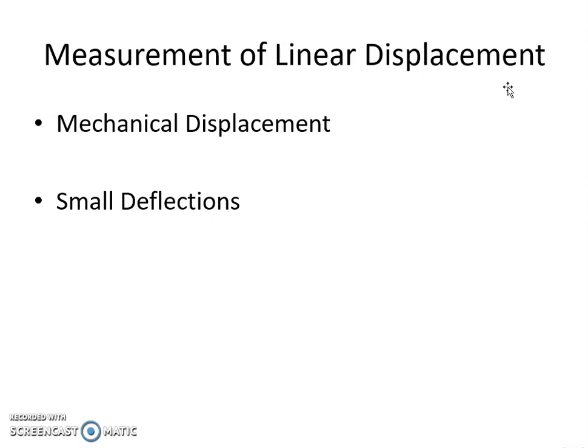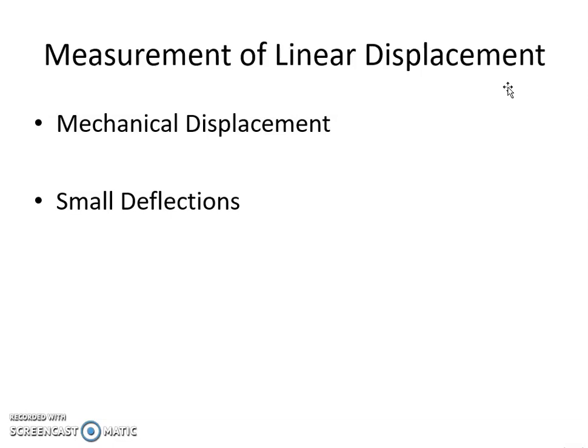In the case of a linear potentiometer, for example a rheostat, which we use in our laboratory, when we increase or decrease the moving contact of the rheostat, that is whenever there is a linear displacement, the moving contact of the potentiometer varies. Accordingly, the resistance of the rheostat changes.